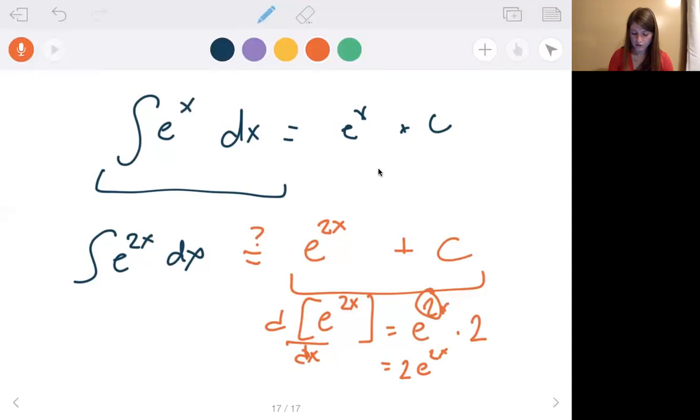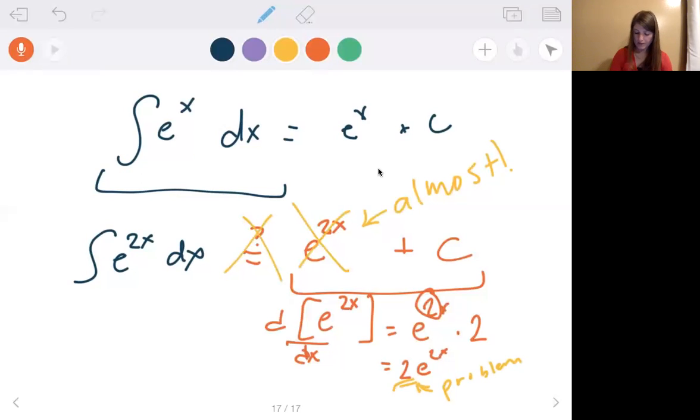We got the e to the 2x part right, but we actually don't have the correct constant. So it's almost. What we're missing is something that's going to take care of that 2. In other words, that 2 is really the problem.